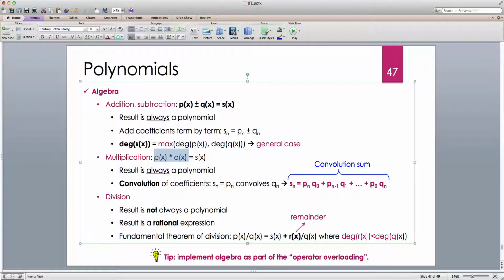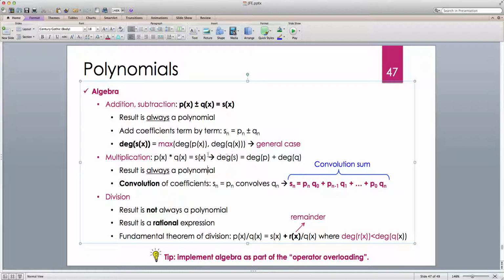Multiplication, the same way, always returns a polynomial. First of all, if p is of degree n and q is degree m, the degree of s is m plus n, so basically degree of p plus degree of q. This is the general case.